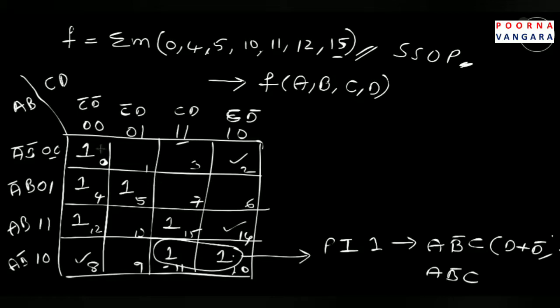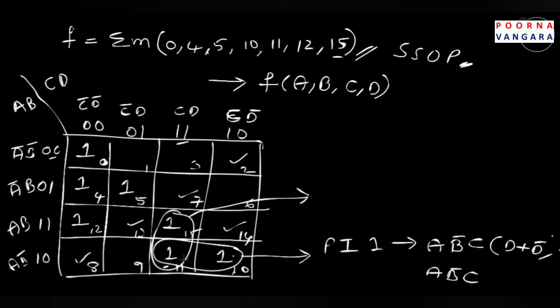Now, let us consider the 15th cell. For the 15th cell, the adjacent cells are 7th, 14th, 11th and 13th, and that is it. Out of these, only the 11th cell has 1. So the possibility of grouping is this one. This is the maximum possibility, and there is no other possibility.